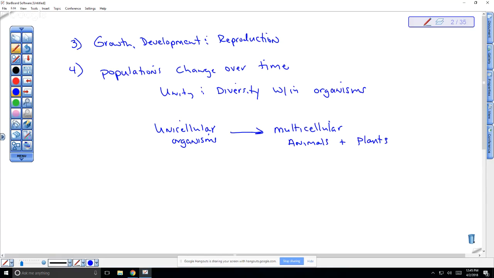We take advantage of the fact that animals and plants have similar cellular machinery, and they use the same genetic code. So I could take a gene from a plant and I could put it into an animal, right? Or I could take a gene from an animal and I could put it into a plant, and then the cells will be able to read the genetic code because the genetic code is universal. And so that's one of the signs of evidence that we all evolved from a common ancestor.